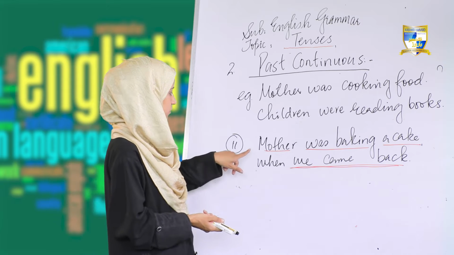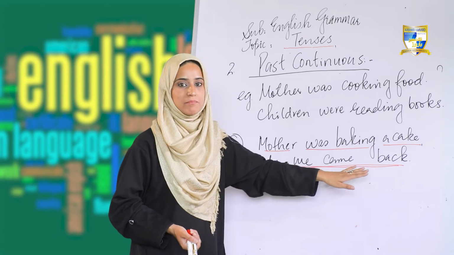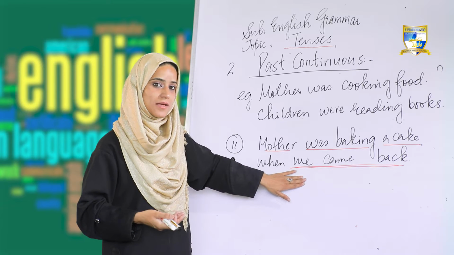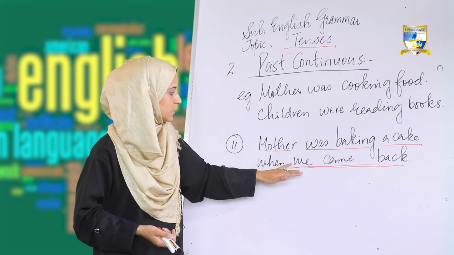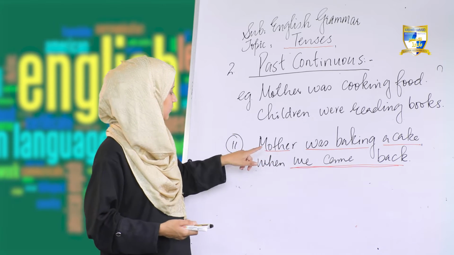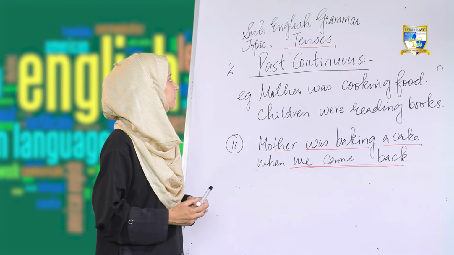For example, here I have written: mother was baking a cake when we came back. So here we have two actions. The next action that happened was we came back, and before this, one action was going on. It was in progression. That was mother was baking a cake. So this is the usage of past continuous.